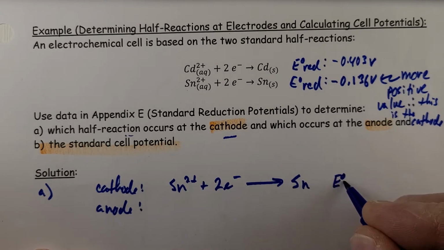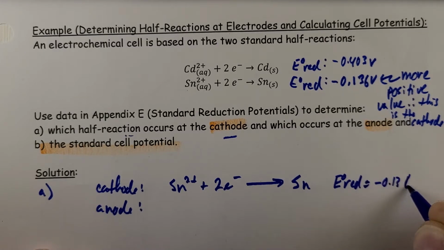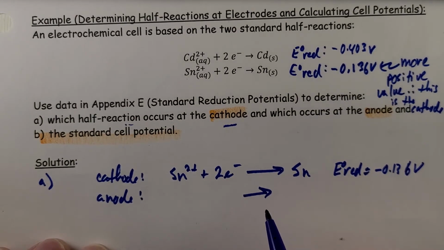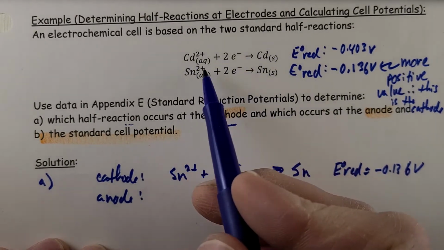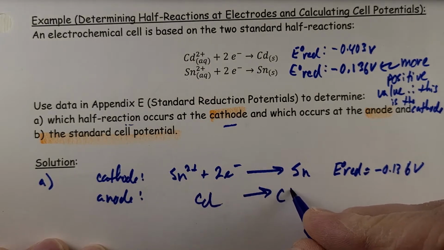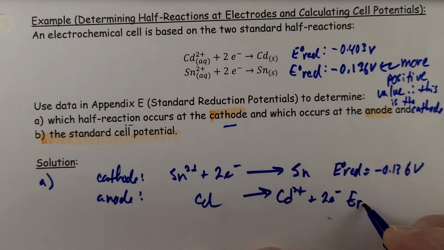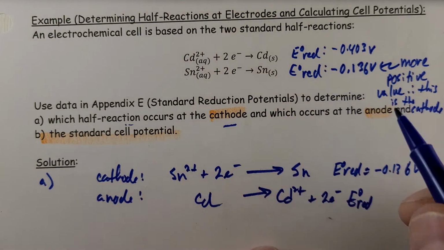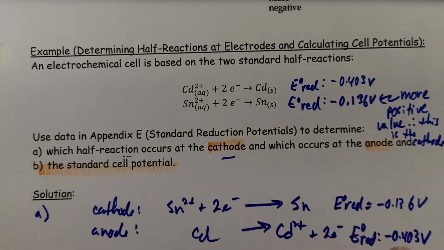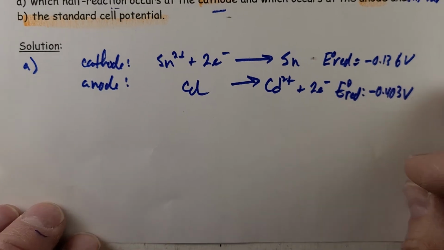And of course, I can just rewrite this: negative 0.136 volts. And at the anode, I'm going to write the arrow underneath so it's actually lined up for a change. This is where the electrons are given up, so it's the reverse of this. So Cd breaks down to give us Cd2+ and the release of 2 electrons. But I still write down the reduction potential, as if it's a reduction: negative 0.403. Because the way we have the E cell equation set up, it automatically works everything out.